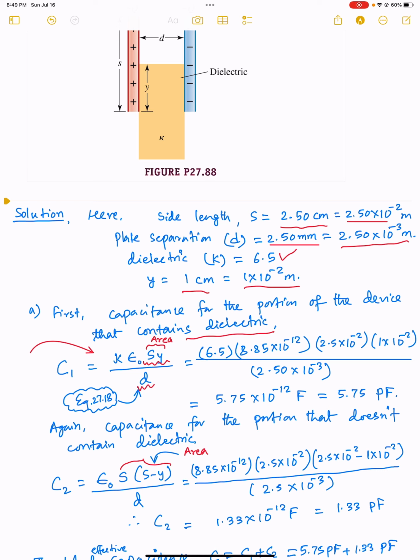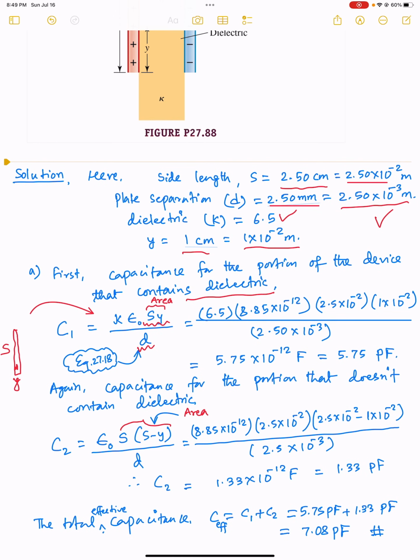The area of the device that contains dielectric would be, this is the length of the plate, and this is the small distance y to which the dielectric is inserted. So S times y would give us the area of that region where the dielectric is inserted, and you can just plug in all the values that we already converted into corresponding SI units.